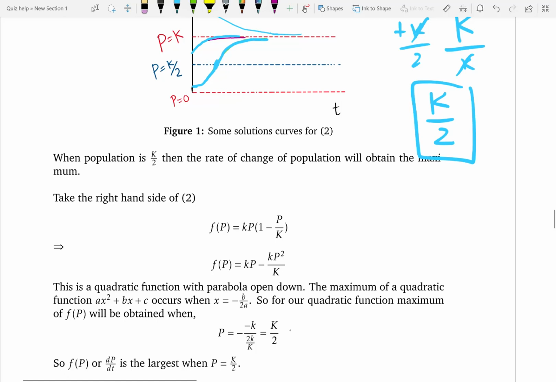But if you have a population less than half of the carrying capacity, it will increase very fast at K over 2, and then the rate of change will slow down and approach carrying capacity. It does make sense physically too, right? So that's the introduction to the logistic growth model, and yeah, thank you very much.